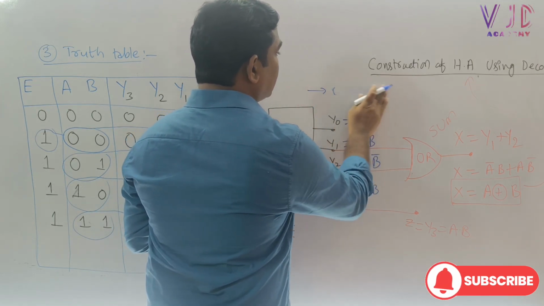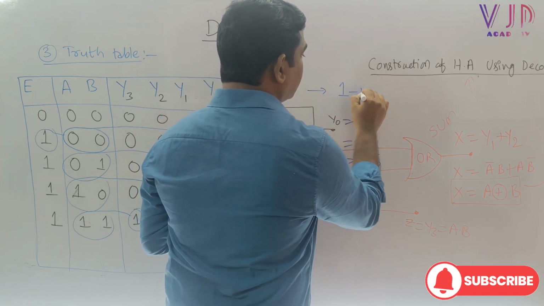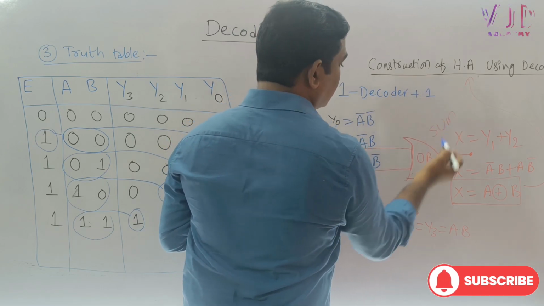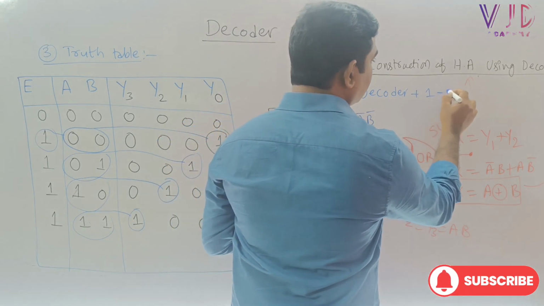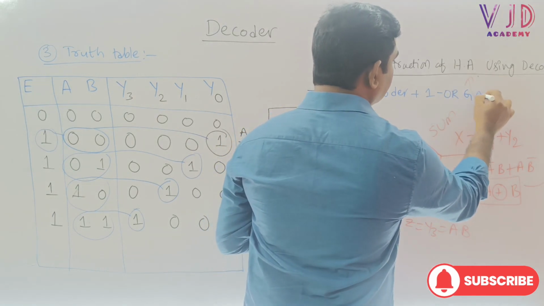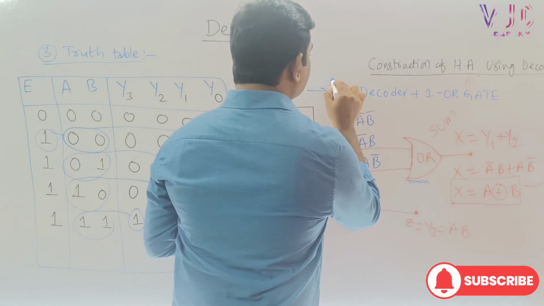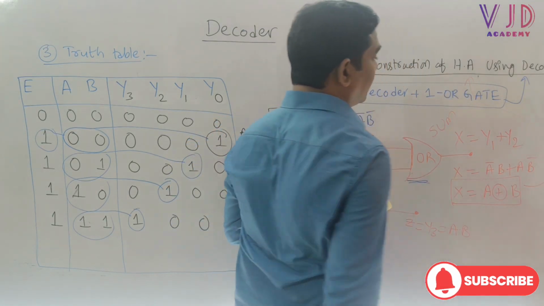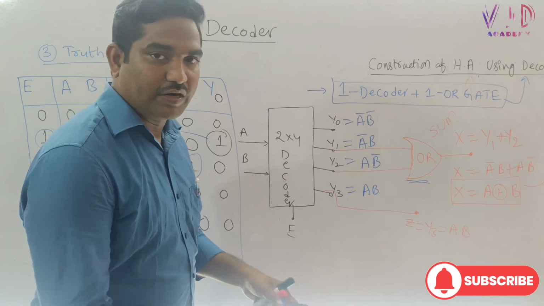One decoder plus one OR gate is needed to implement the half adder. This is the way of understanding.